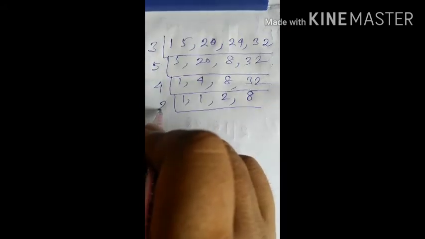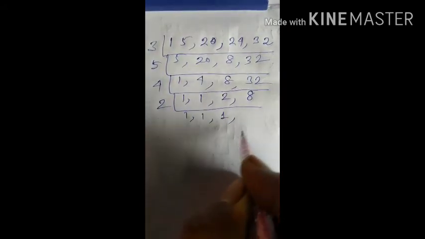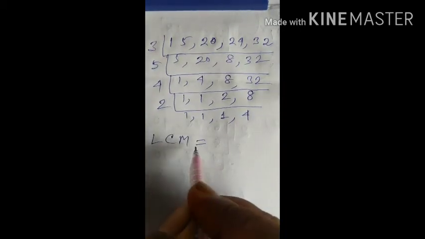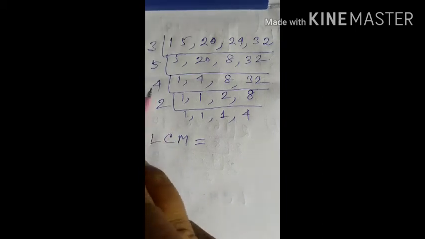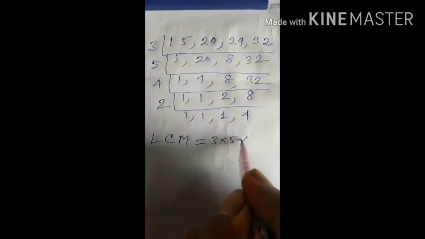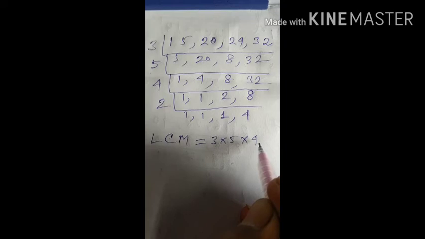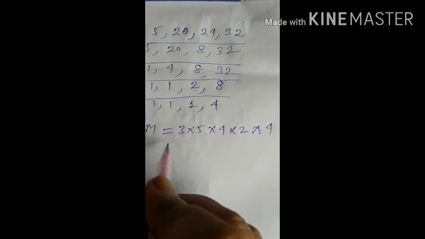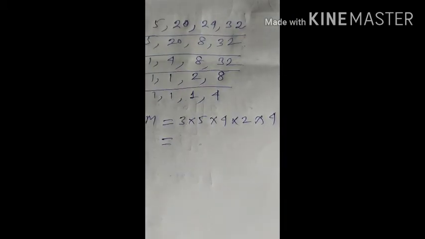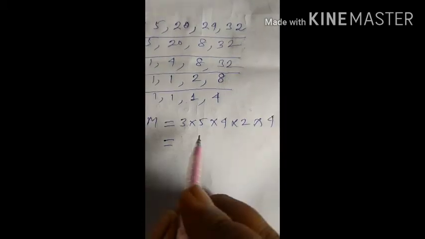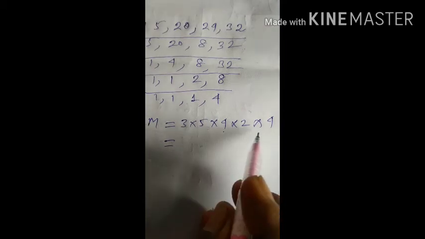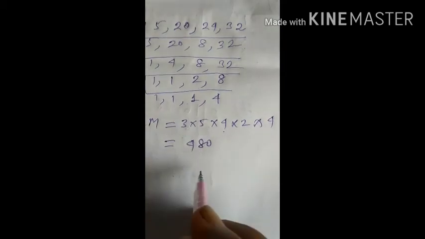Now 2 1s are 2, 4 2s are 8. So the LCM will be 3 into 5 into 4 into 2 into 1 into 1 into 1 into 4. By multiplying this we will get 480.